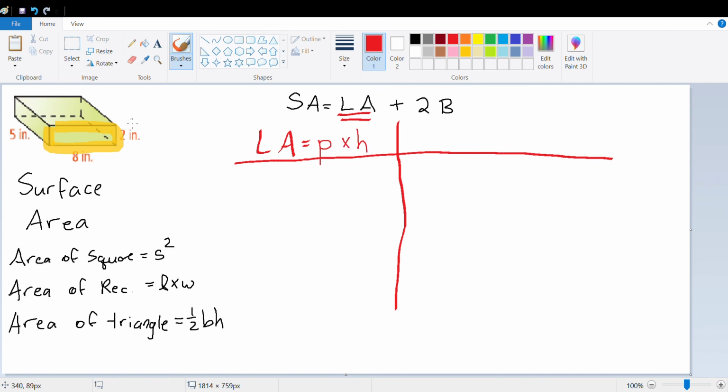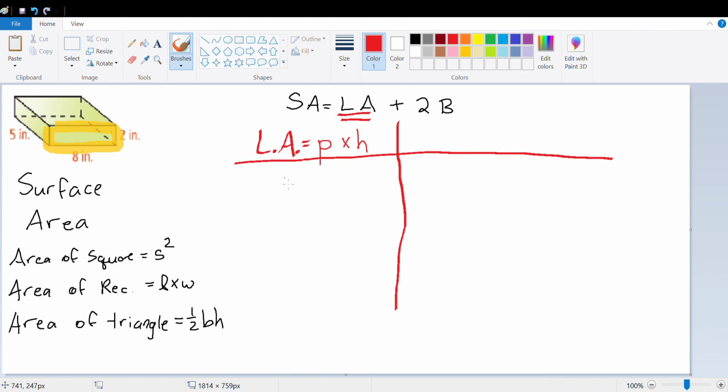Now this height, just think of it as the third number in your figure you didn't use. So the third number that I didn't highlight is 5. I'm going to use that one. If we were using the green one, the third number would be the 2, but for this case, it's going to be 5.